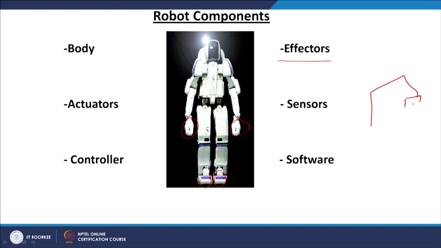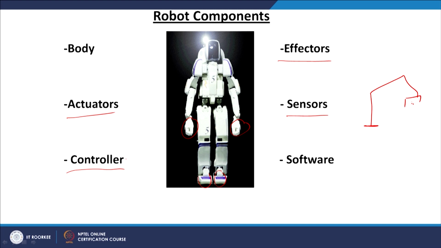In this picture you have only one end effector and a base, and then actuators at every joint. Sensors like vision sensors or various other touch sensors etc. can be attached to a robot, and the controller controls the robot to perform a particular task.